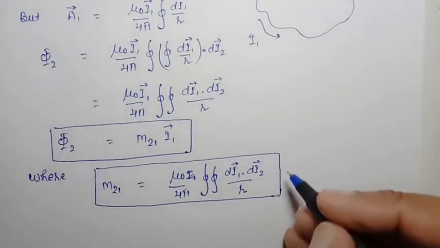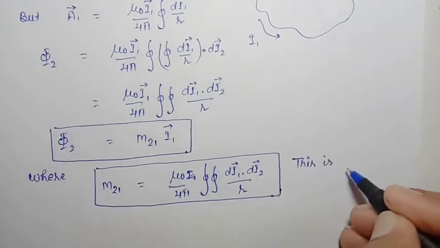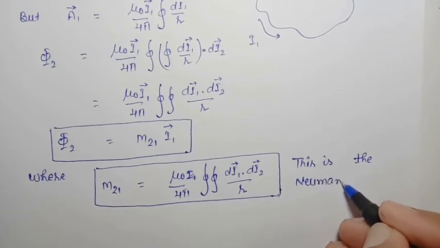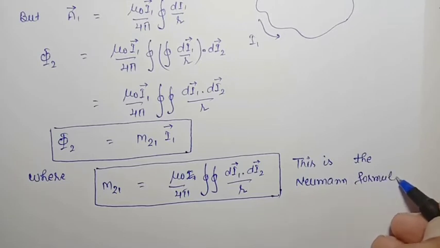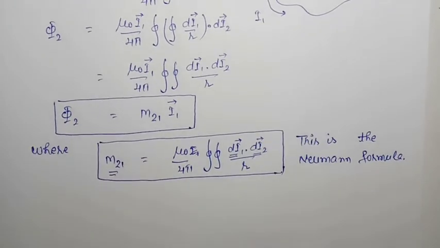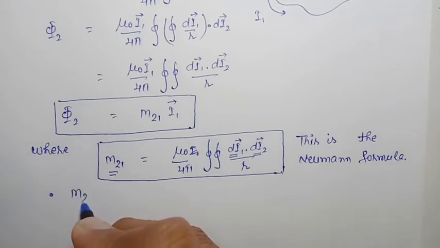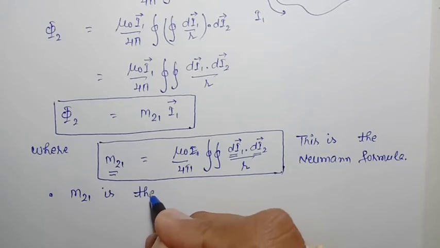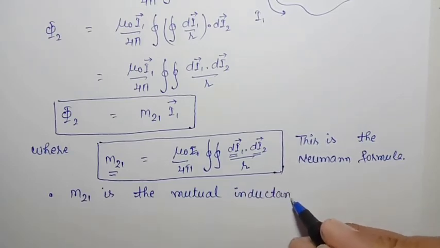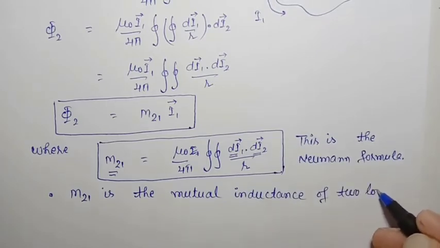This is the Neumann formula. Here it involves a double line integral, one around loop 1 and the second around loop 2, and this M21 is the mutual inductance of the two loops.